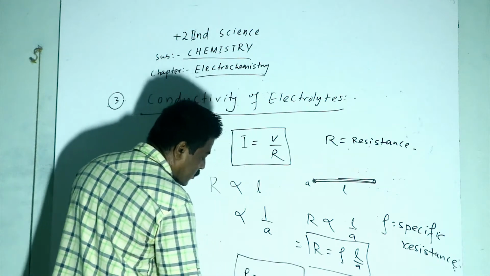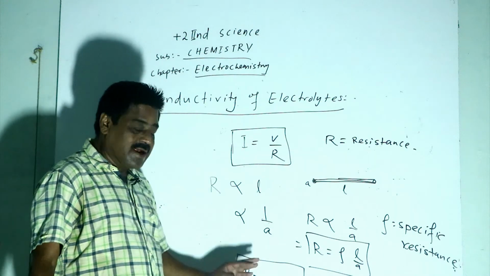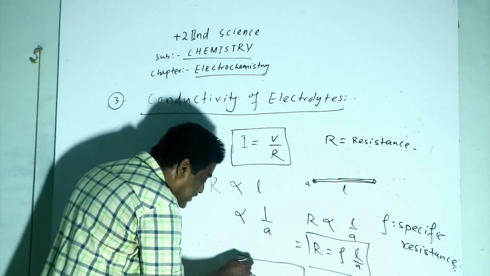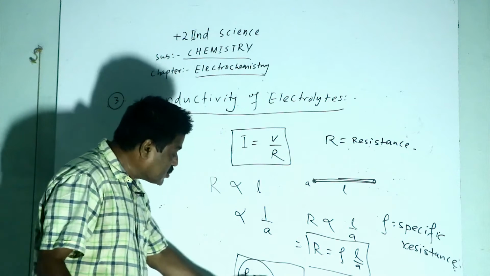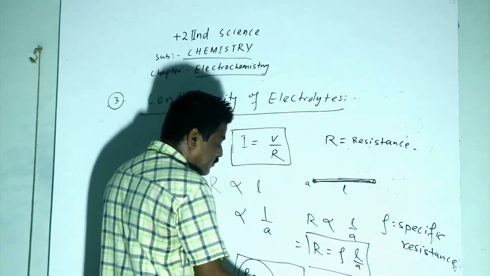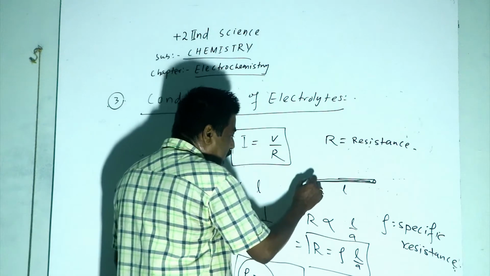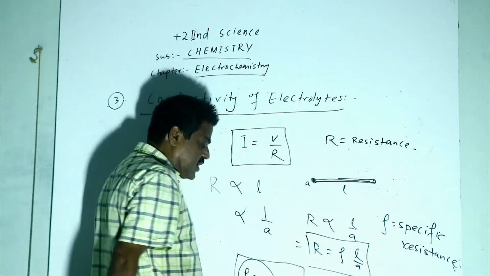So the specific resistance can be defined as the resistance of a conductor of 1 unit length having 1 unit cross-sectional area.